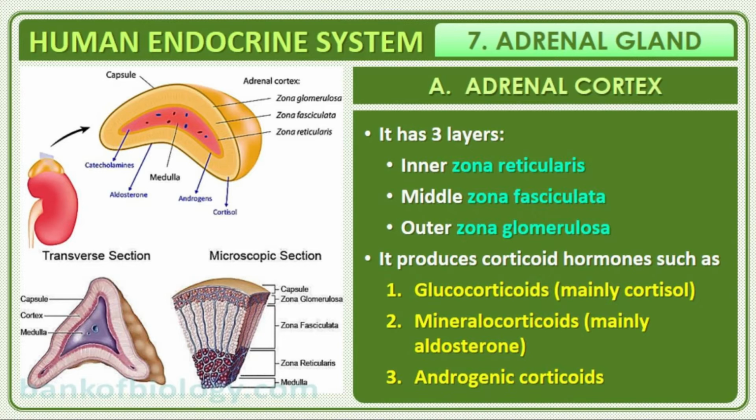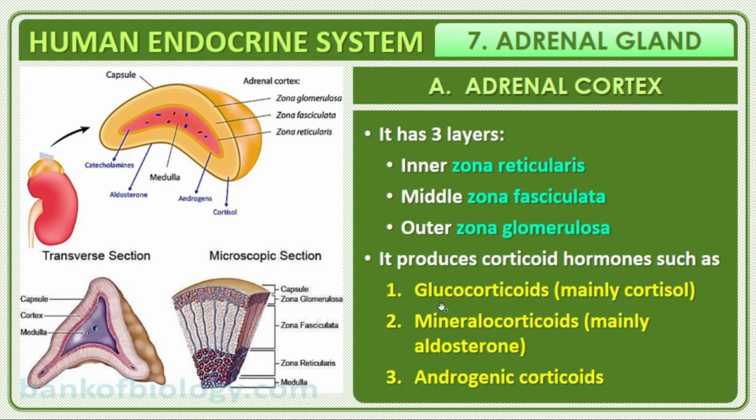And what are the productions of the adrenal cortex? There are different types of hormones. Glucocorticoids, that means mainly cortisol. Mineralocorticoids, mainly aldosterone, and androgenic corticoids.